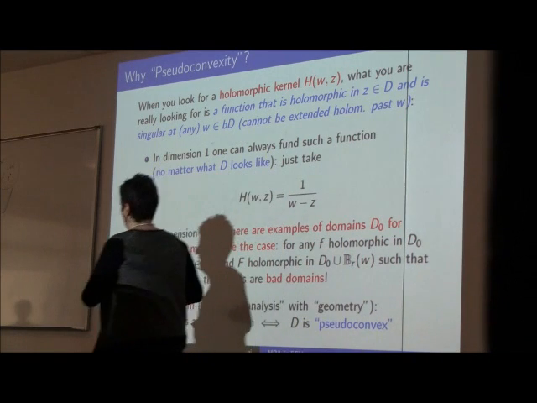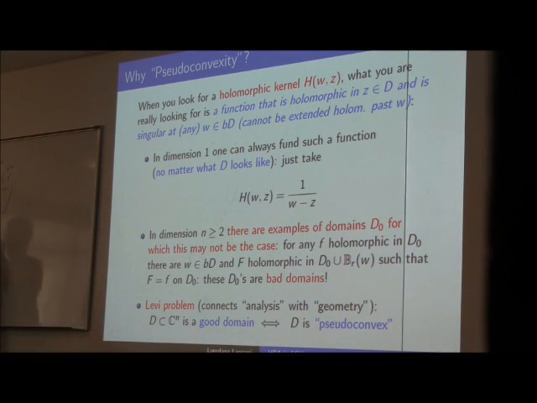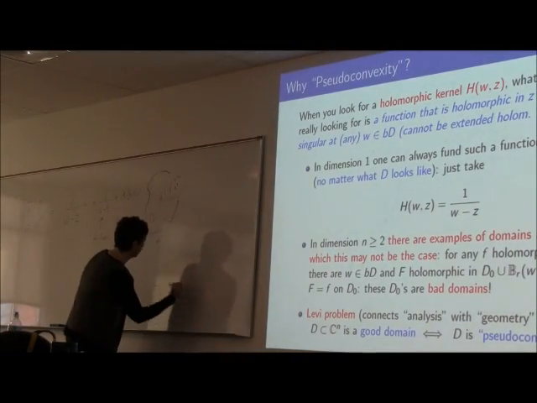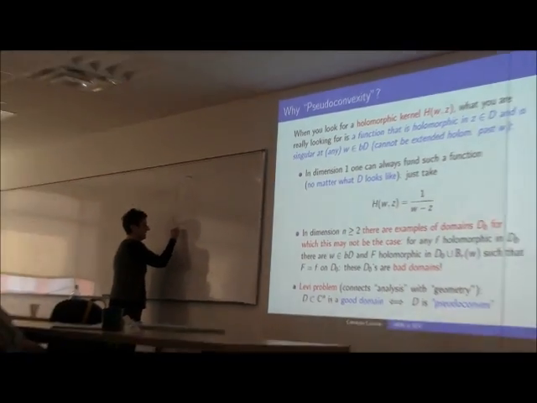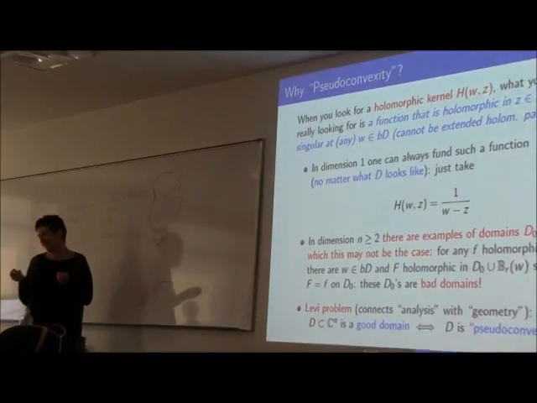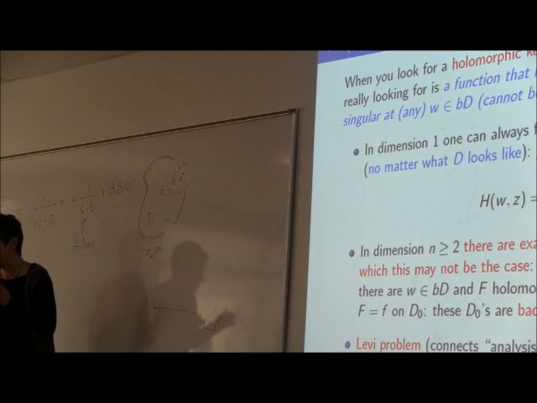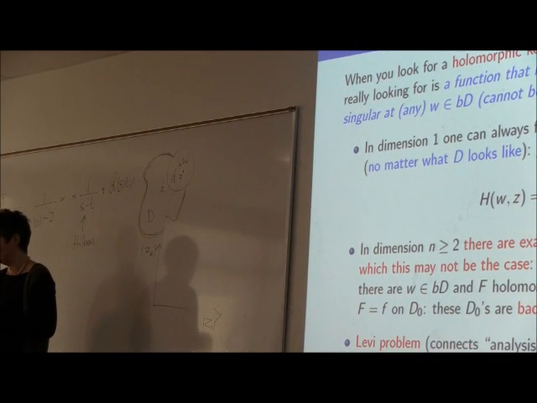So let me give you an example of a bad domain. And of course here we have to be in at least two complex variables, so we have to come up with tricks for drawing pictures. And the trick here is to look at the absolute value space as opposed to the entire space. So a point here is not going to be a point, it's actually the product of two circles, a torus.